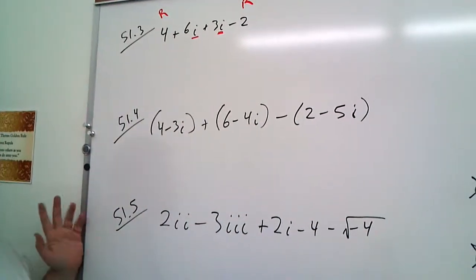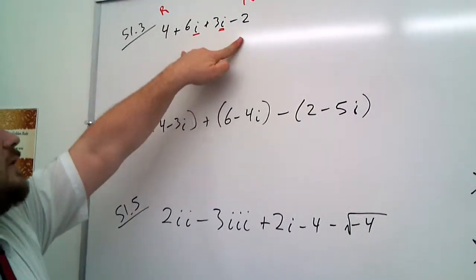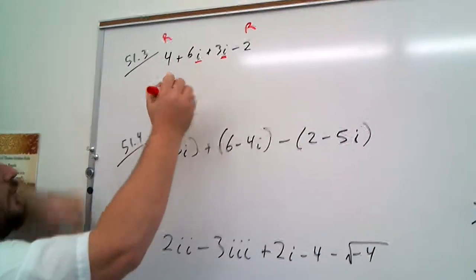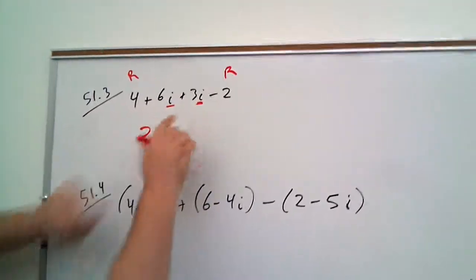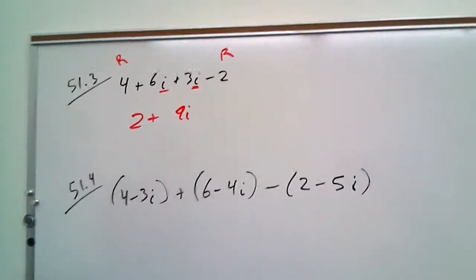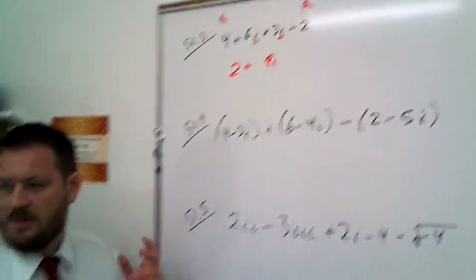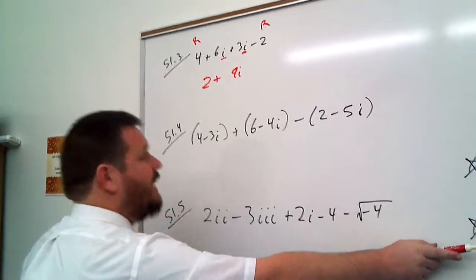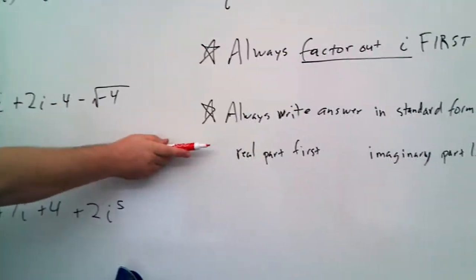You can combine like terms. Reals can be combined with reals, so 4 minus 2 is 2, and we can combine imaginaries: 9i. But reals and imaginaries are not alike, so we can't combine them. And notice, I put it in standard form with the real part first and the imaginary part second.